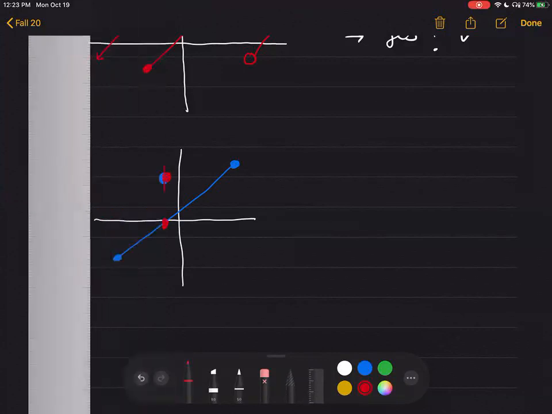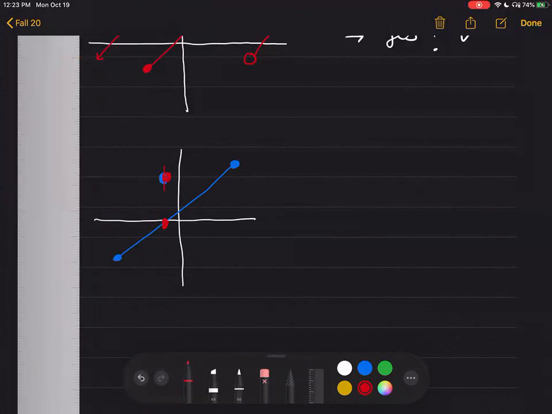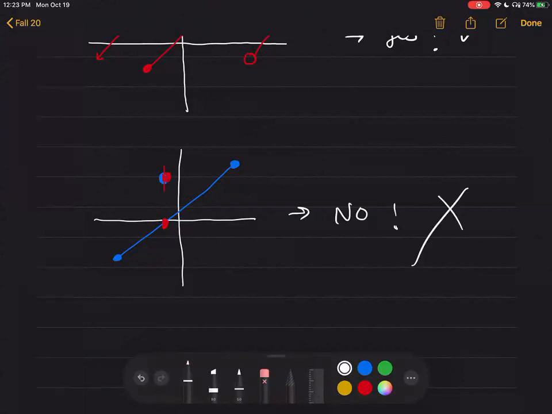And so even though there's a single point that screws it all up, this makes it still not a function. So this is no, fails the vertical line test. Okay, cool. So the vertical line test is a good thing to use if you have a picture of the graph already.